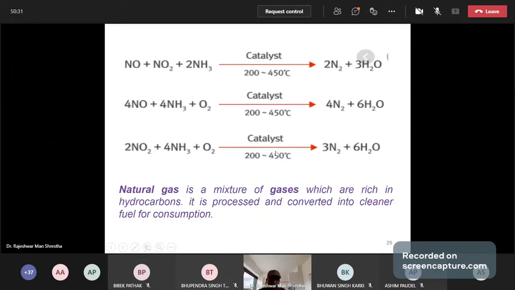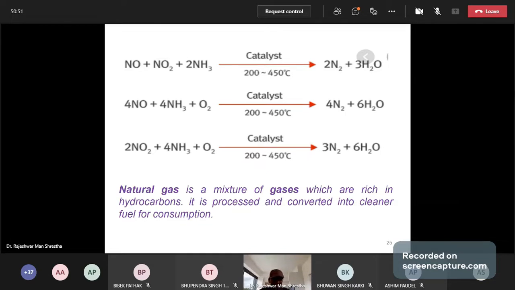And in this way, more harmful gases are converted into less harmful gases. The conversion of nitrogen dioxide to nitric oxide is the conversion of the more harmful to the less harmful gas.